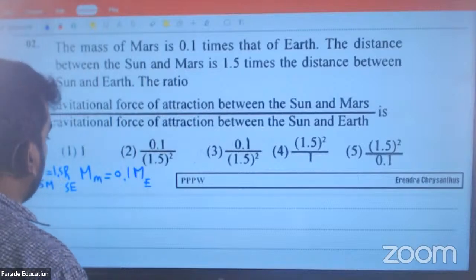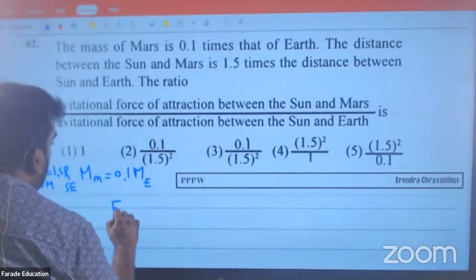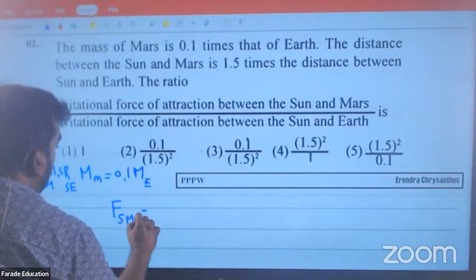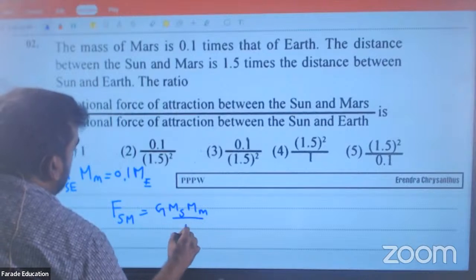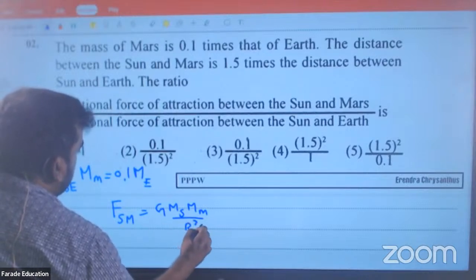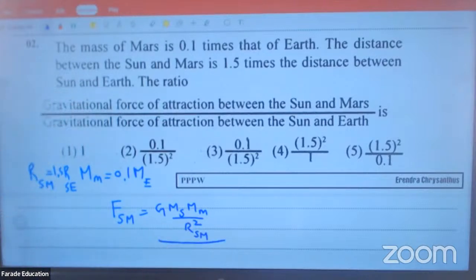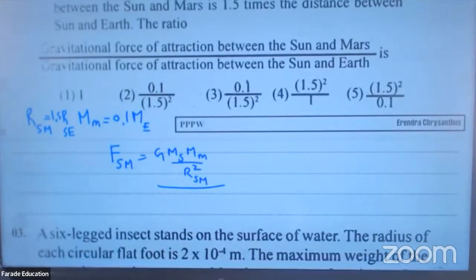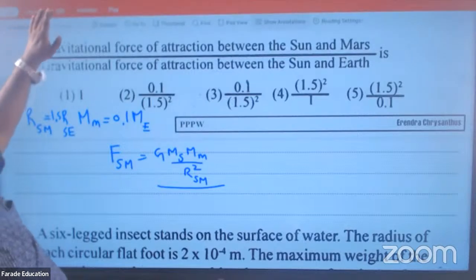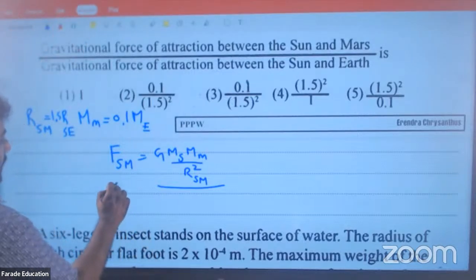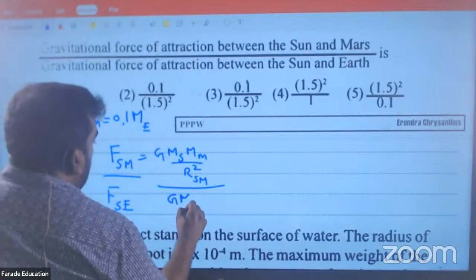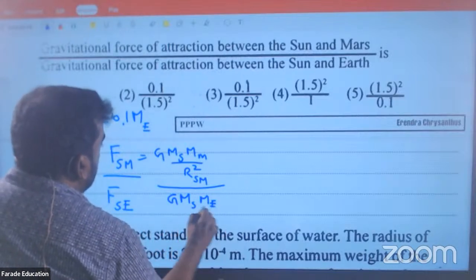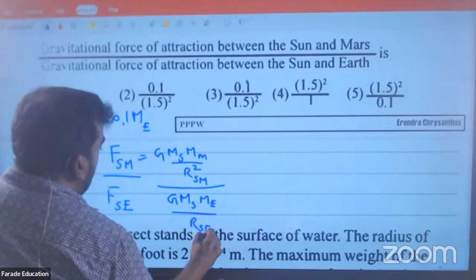Gravitational attraction between the Sun and Mars: gravitational force between Sun and Mars is capital G, mass of Sun, mass of Mars, divided by distance between Sun and Mars, whole thing squared, divided by gravitational force between Sun and Earth, which is G, mass of Sun, mass of Earth, divided by distance between Sun and Earth, whole thing squared.